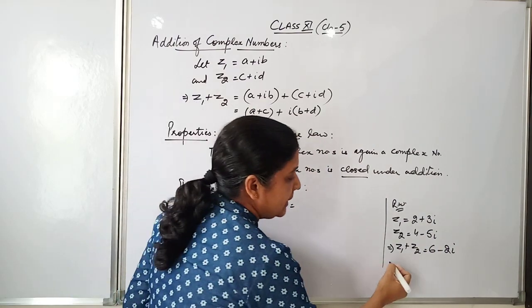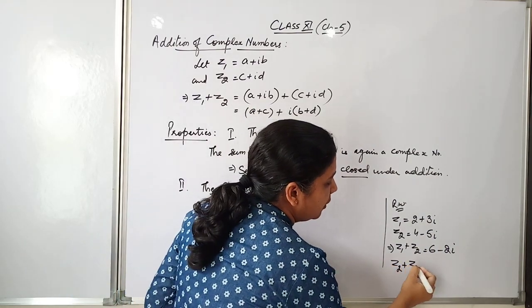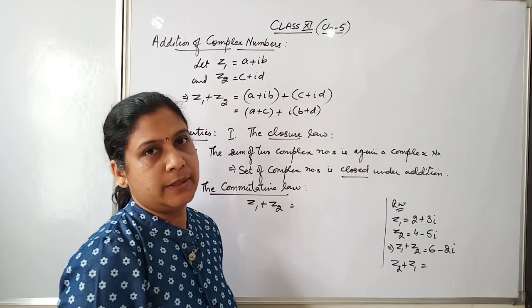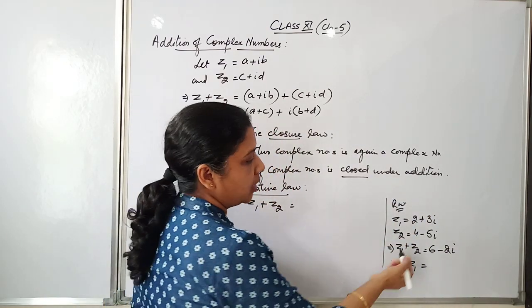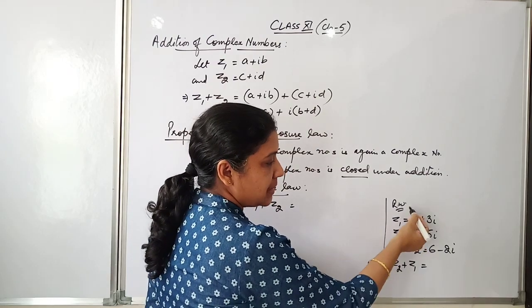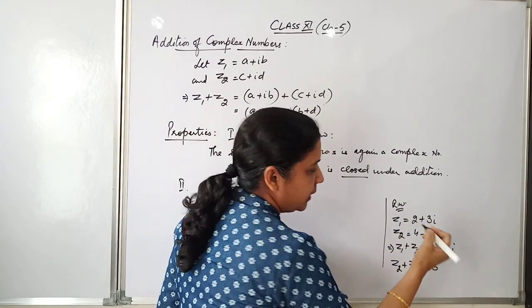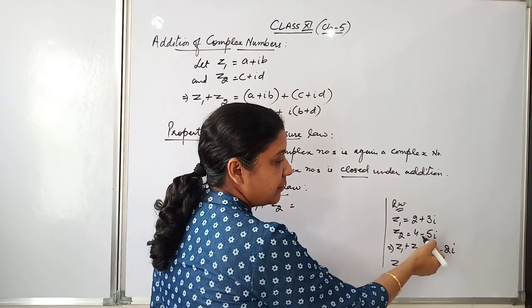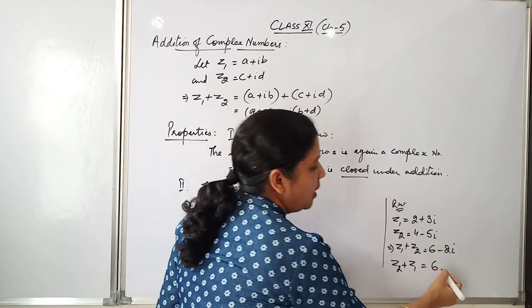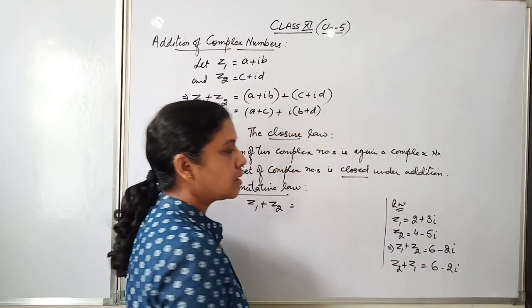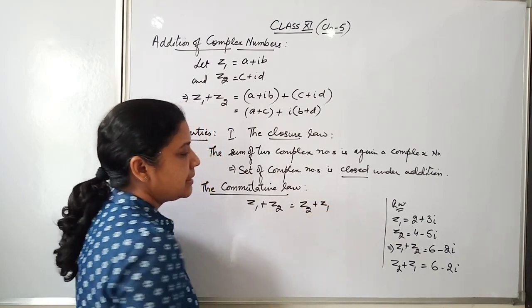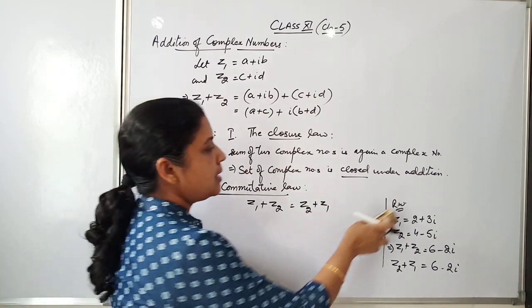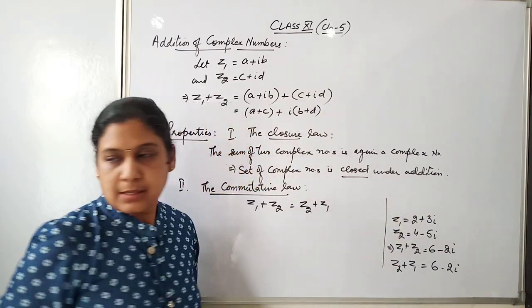But supposing I had gone for z2 plus z1. अगर मैंने ये सम इस तरह से लिया होता z2 plus z1 करके, तो क्या आया होता? z2 plus z1, 4 plus 2 is 6. Minus 5 iota plus 3 iota again gives me minus 2 iota. So therefore, I can say that z1 plus z2 is equal to z2 plus z1.